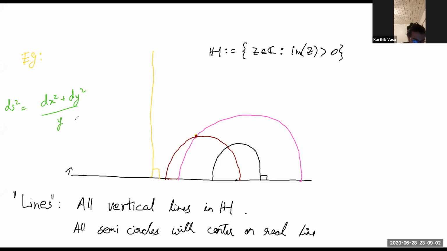So dx squared plus dy squared on its own is the regular Riemannian metric we get on R2. I'm just scaling at each point by a scalar multiple, which means the angles you measure in this new geometry and the ones you measure in R2 will actually be the same, but lengths of course will be different.